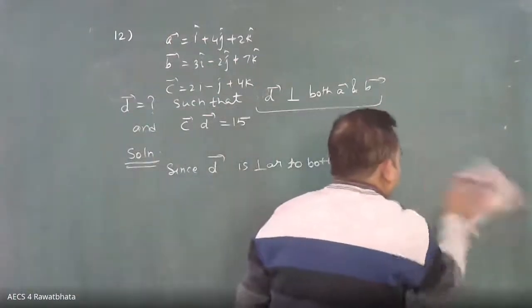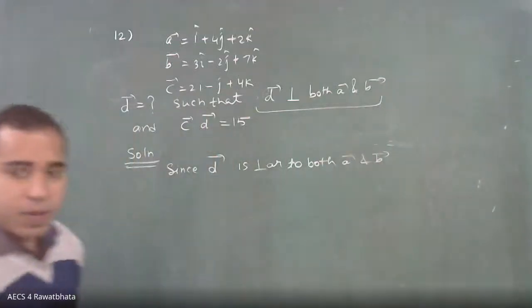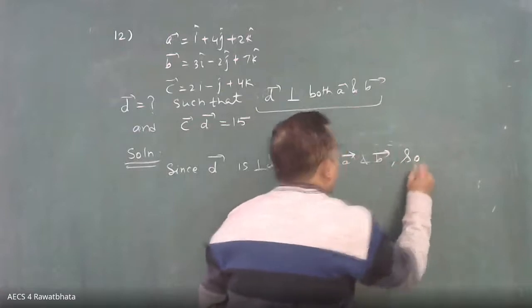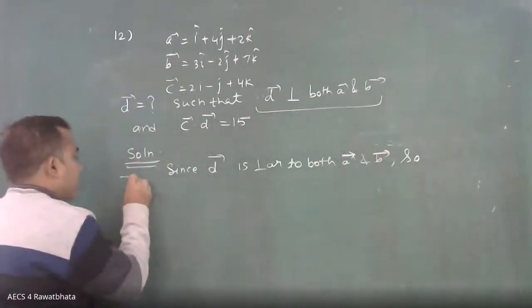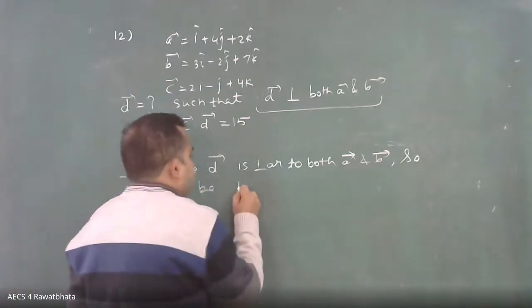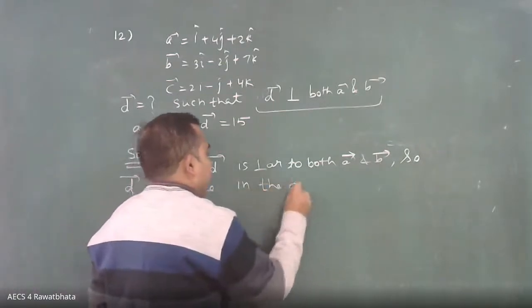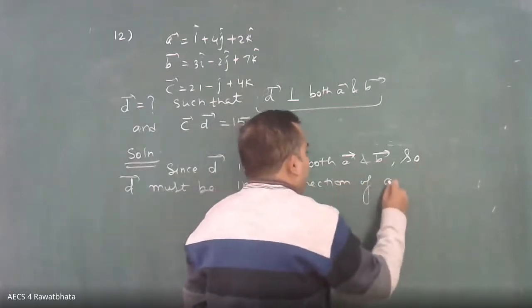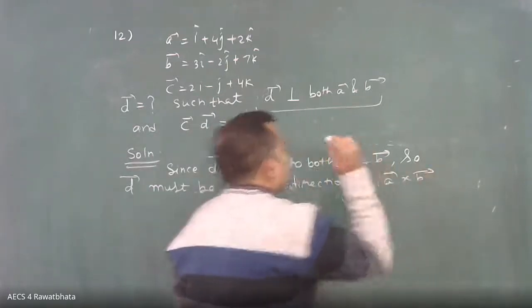Since D vector is perpendicular to both A vector and B vector, D vector must be in the direction of A cross B vector.